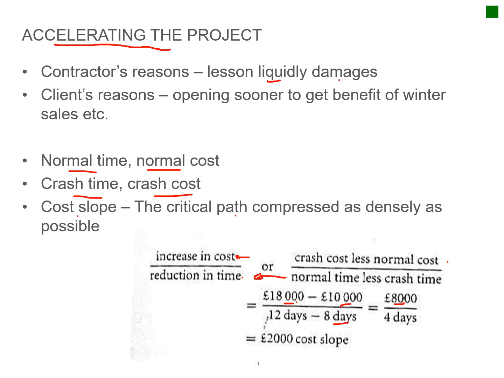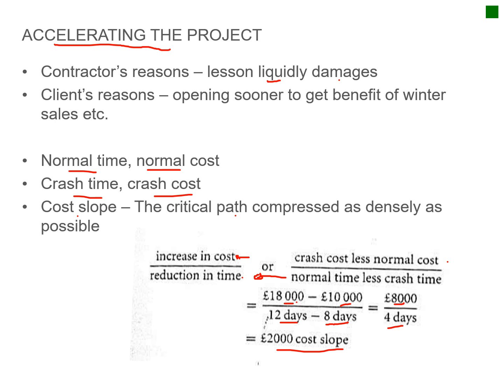So your normal time is 12 days, and then your accelerated time is 8 days, to give you 4 days. And simply you divide your difference in cost over your difference in days to get your cost slope. Okay, fairly easy, standard. All of this is within your textbooks.